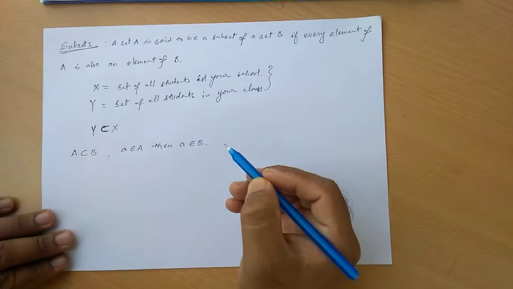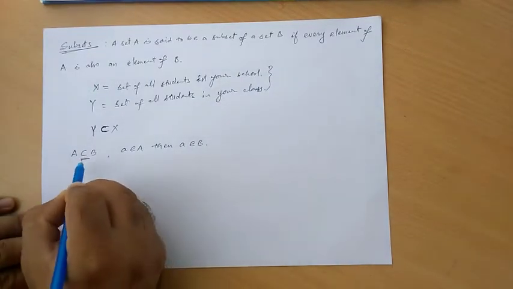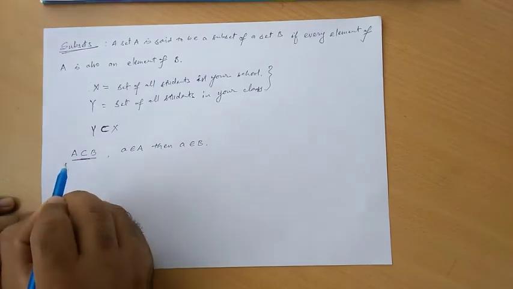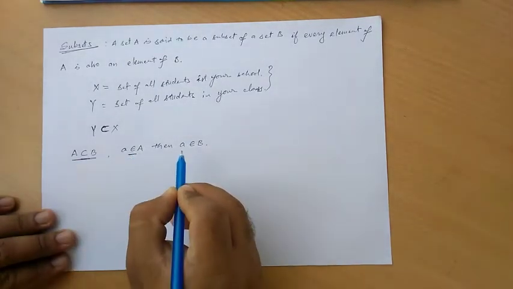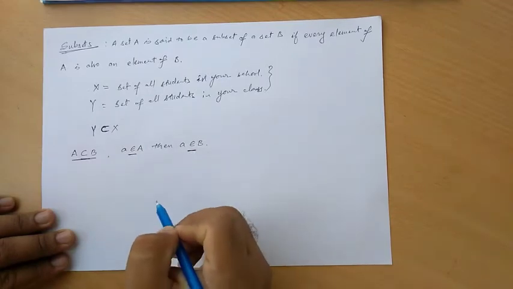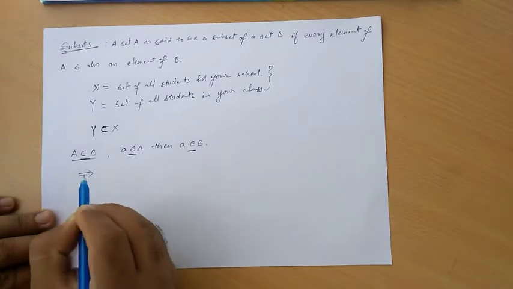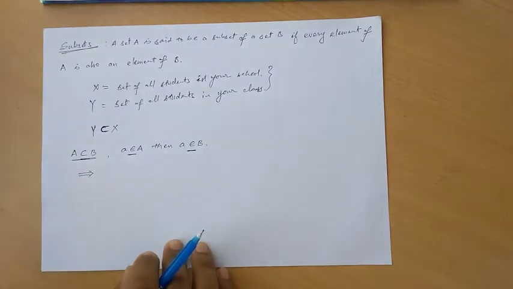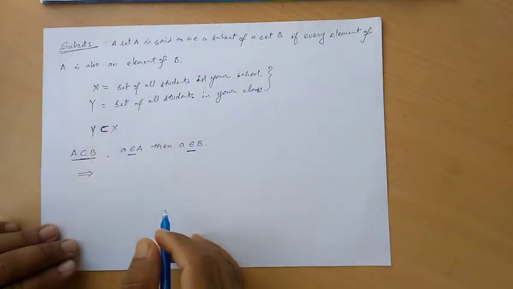Some more symbols we are going to use: this symbol is for subset, this is for belongs to, and this symbol means implies. Definitely we are going to use these symbols very frequently whenever we require.